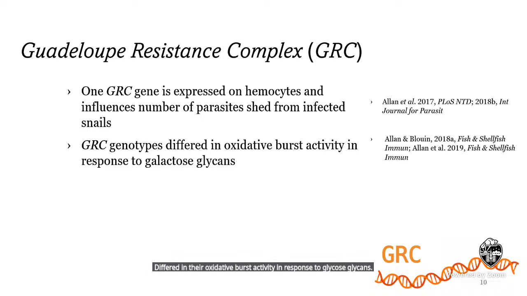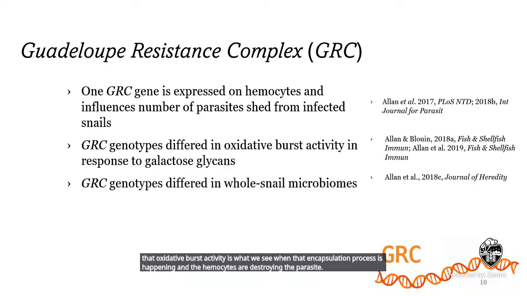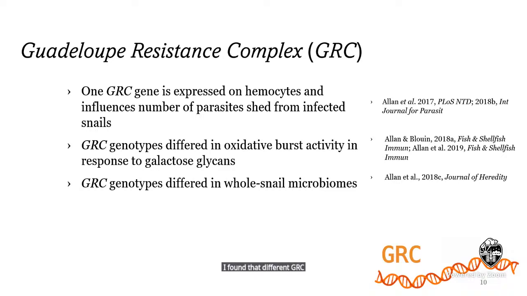Galactose-glycans are just a common pathogen-associated molecular pattern, and that oxidative burst activity is what we see when that encapsulation process is happening and the hemocytes are destroying the parasite. We found that different GRC genotypes differed in their whole snail microbiomes, which suggests that these proteins may be playing a role in modifying the snail microbiome.